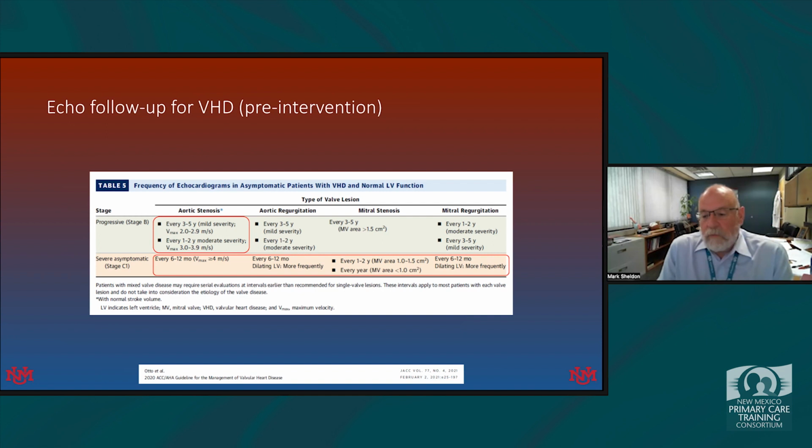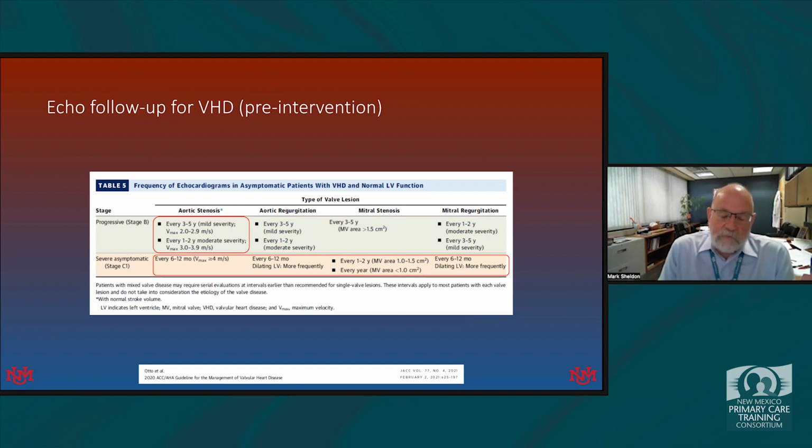And in mitral regurgitation, it's a little bit lower. Once they reach the moderate severity, it probably should be, all of them should be in the 1 to 2 year range. I see these patients at least once a year and have an echo at least every other year for them to be reassessed.